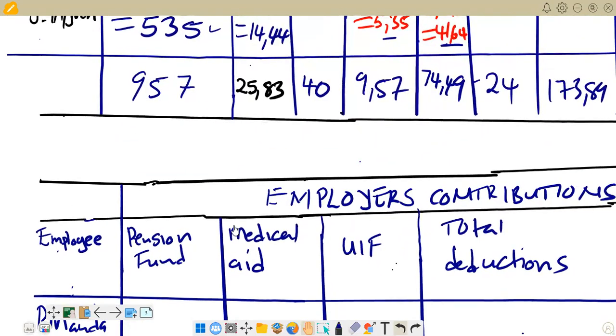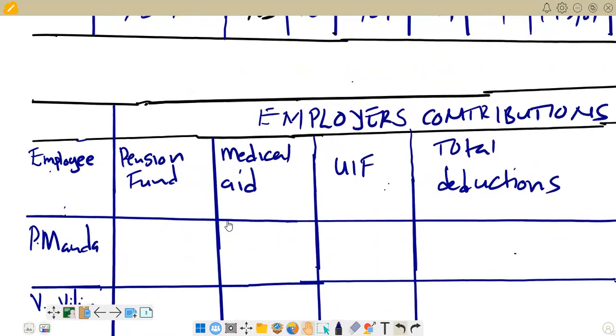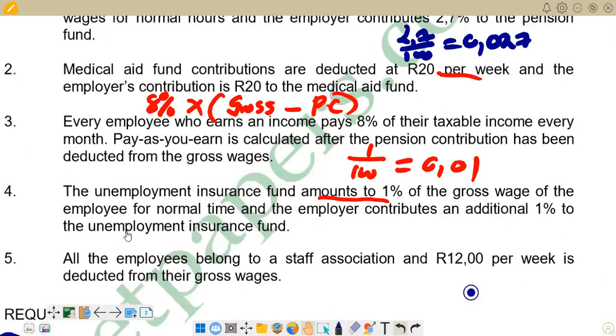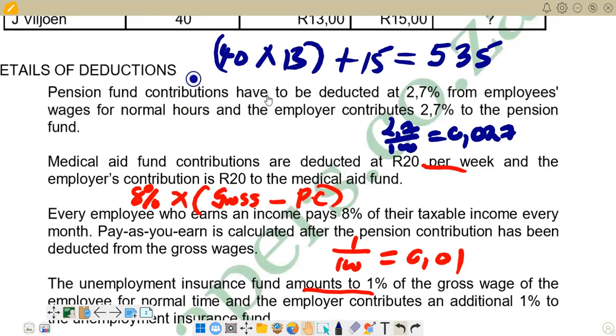This one is not going to be difficult because most of the employer's contributions are similar to the amount that we've calculated for the employees. So for pension funds, if you go back to the question, the explanation is that pension fund contributions have to be deducted at 2.7% from employees' wages for normal wages, and the employer contributes 2.7% to the pension fund.